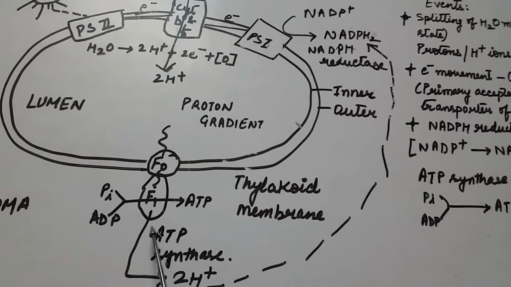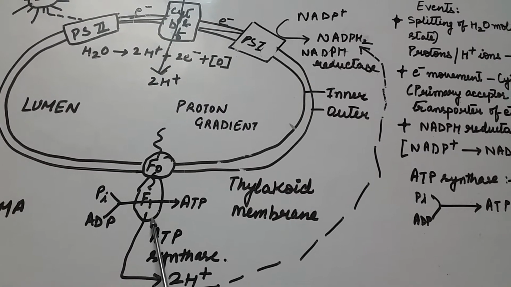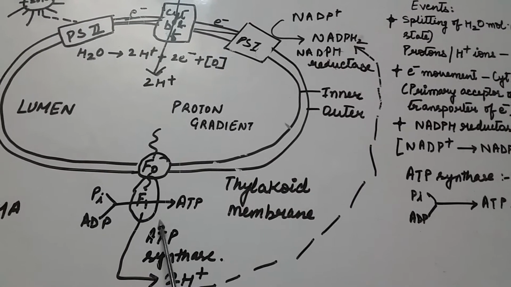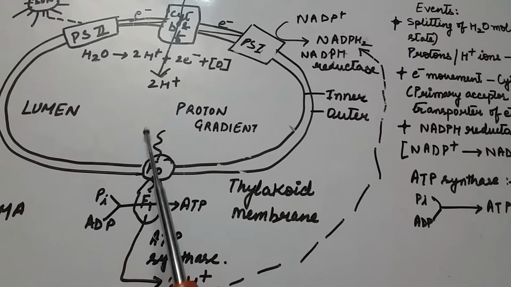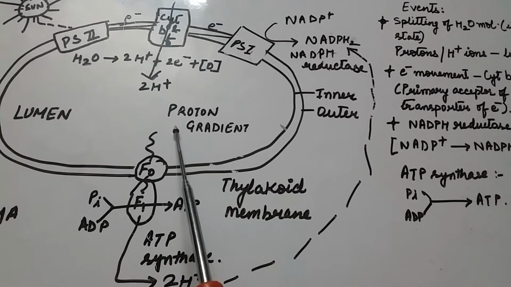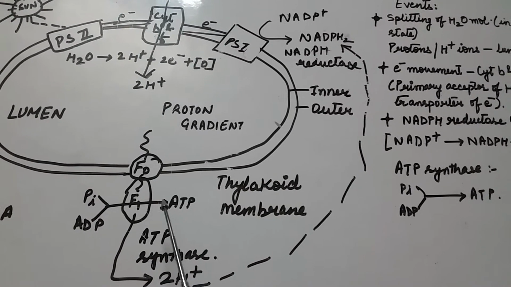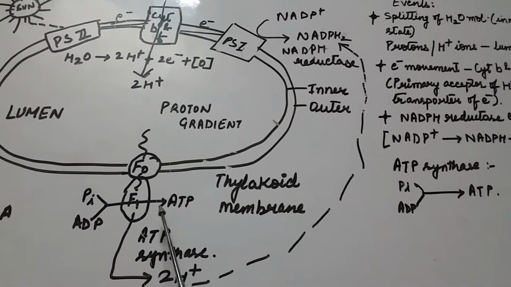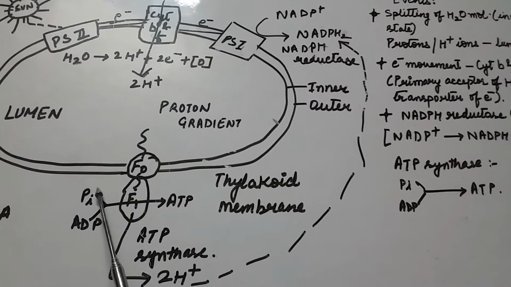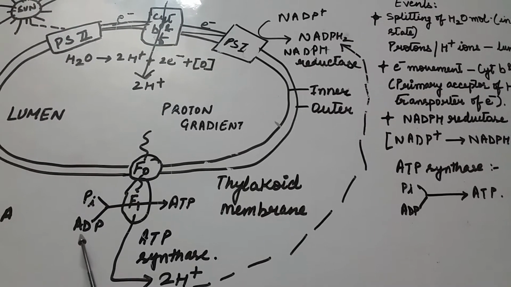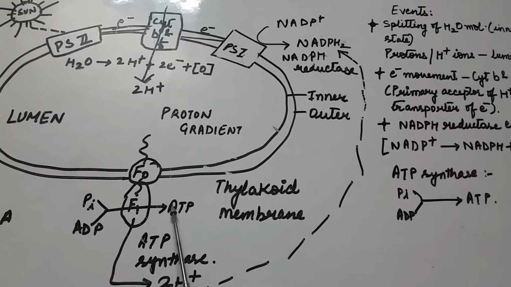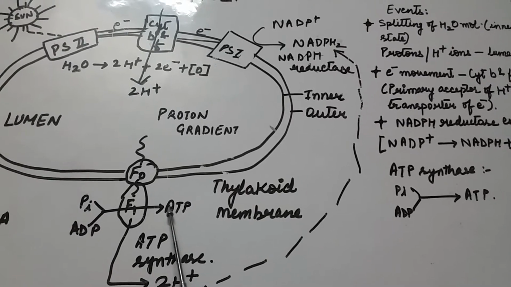The other one is F1, which protrudes on the outer surface of the thylakoid membrane, on the side that faces the stroma. The breakdown of the gradient then provides energy to cause a conformational change in the F1 part of the ATPase, which makes the enzyme synthesize ATP using inorganic phosphate and adenosine diphosphate, that is the energy currency of the cell.